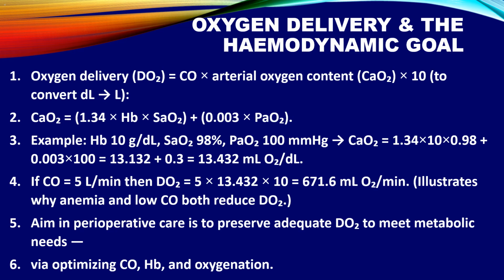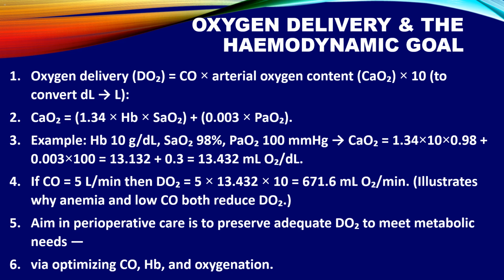4. Oxygen delivery calculation. If CO is 5 L per minute, DO2 is calculated as 671.6 milliliters O2 per minute, illustrating the impact of anemia and low CO on oxygen delivery. 5. Clinical goal. The aim in perioperative care is to preserve adequate oxygen delivery to meet metabolic needs by optimizing CO, Hb, and oxygenation. 6.